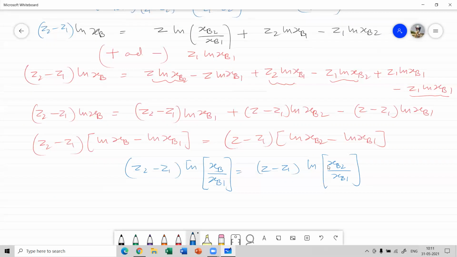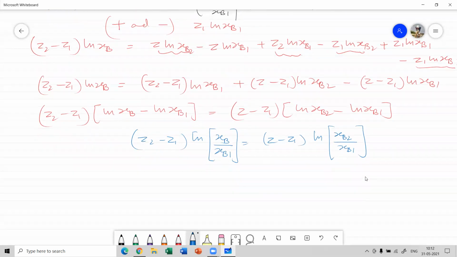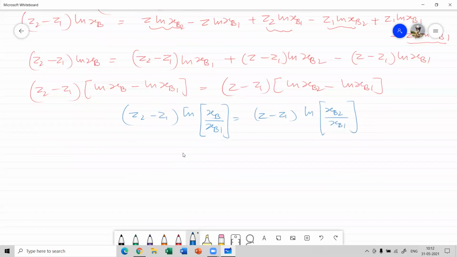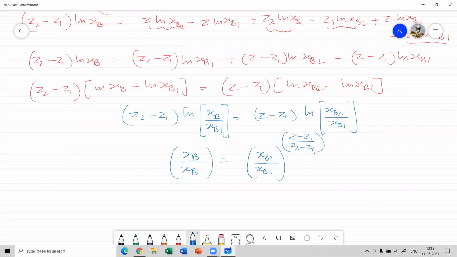Further, this can be rearranged and written as xp over xp1 equals xp2 over xp1 raised to power z minus z1 over z2 minus z1.